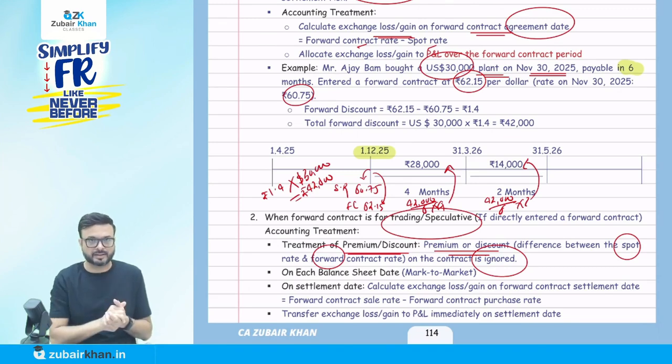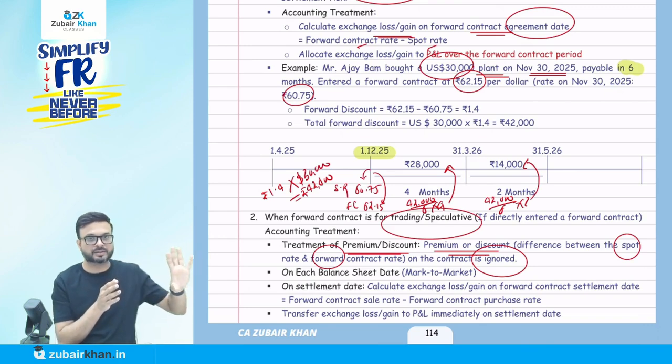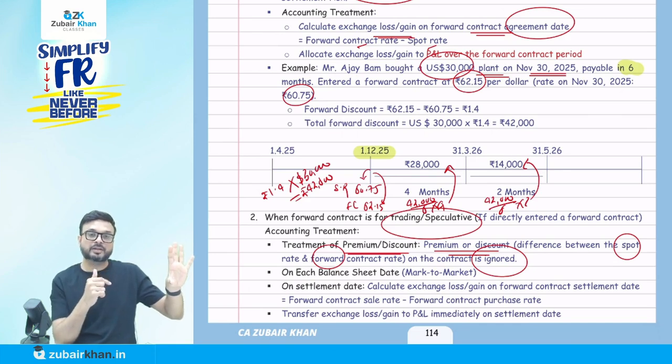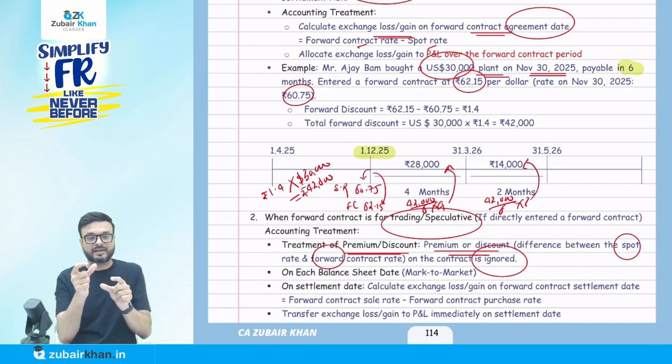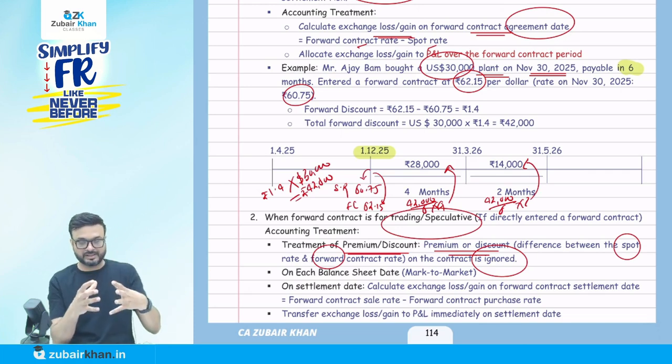We enter into a contract on 1st of February for 1 month. On 1st of March I will come and see. On 1st of February, suppose the spot rate is $1 equal to 85. We enter into a forward contract that $1 is equal to 87. After 1 month, on 1st of March, we fixed the price at $1 equal to 87.